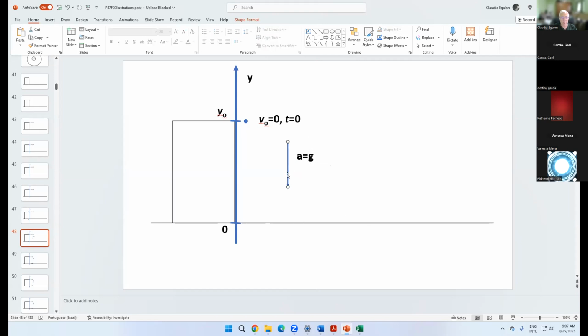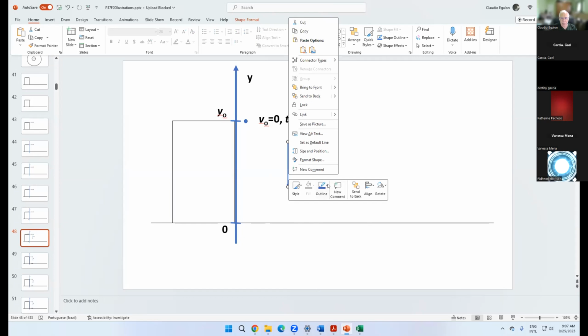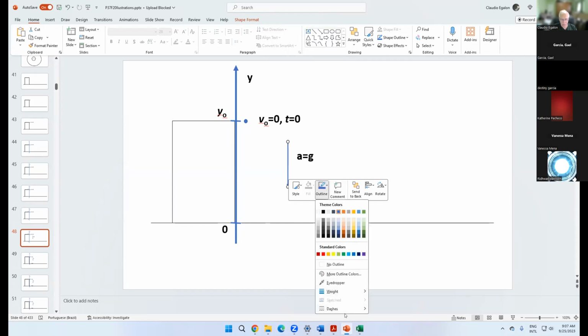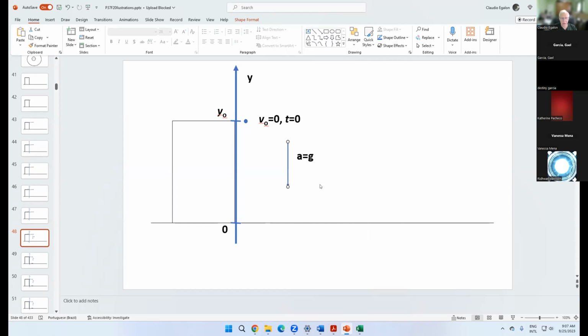What does this arrow represent? This arrow represents the direction of the acceleration. It means that the velocity of the particle is increasing as it's moving down. That's what it means.